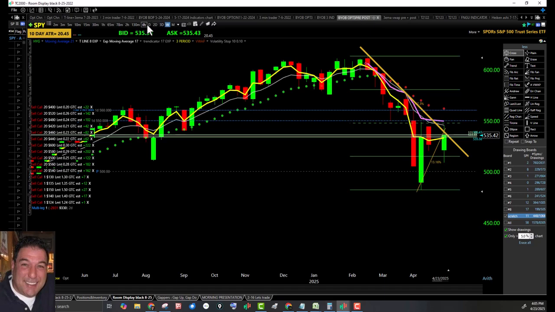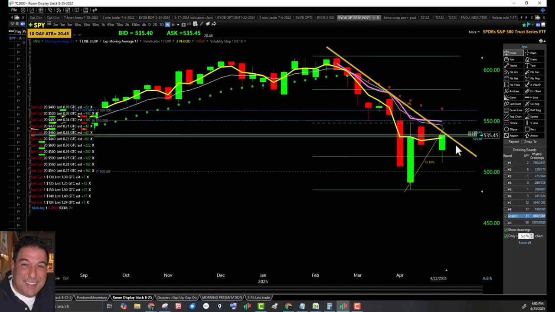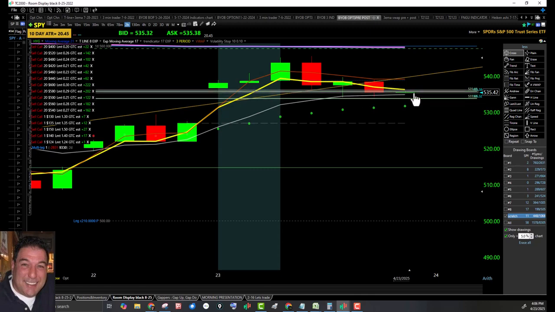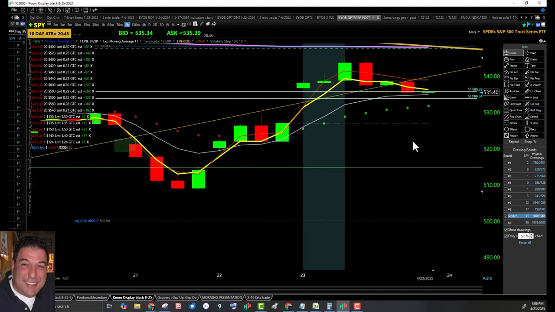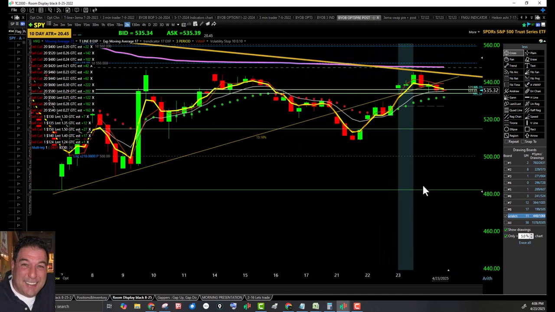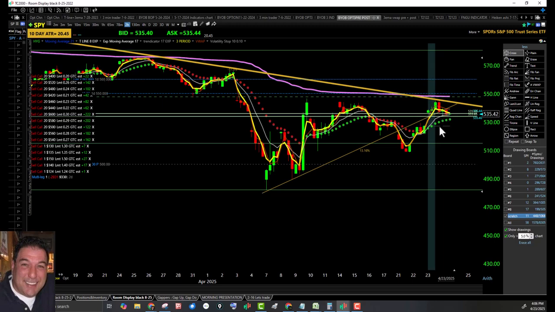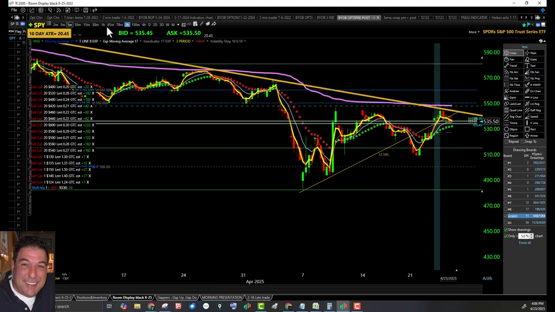The daily chart has just negated the downtrend and converted to an uptrend because they made a higher high, and on the 2-hour chart we have a 2-hour uptrend. So we'll see where we go tomorrow. We got a mixed bag coming into tomorrow. We'll see what happens. So there's SPY.